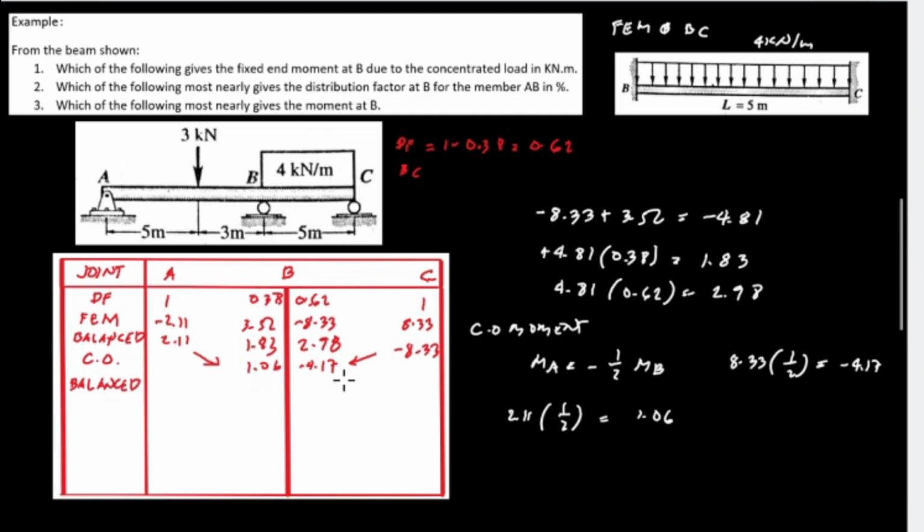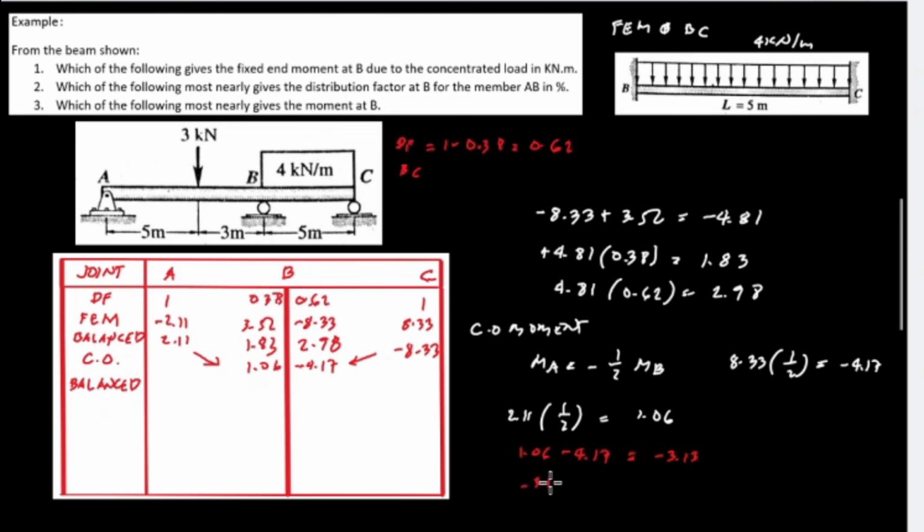We can use balance 2 or 3 times at most, and we can have the final value for moment. And again, using the distribution factor and the carryover value, so 1.06 minus 4.17, and the value is equal to negative 3.13. And this will be the value to be multiplied by the distribution factor of BA and BC.